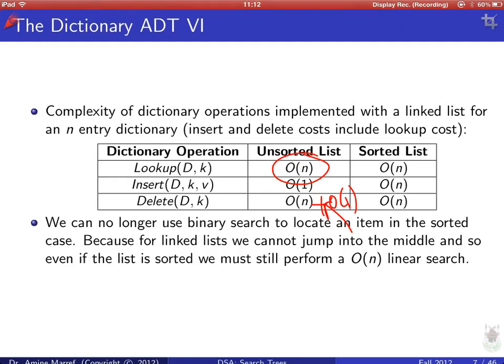So, between sorted array and unsorted array, which one is better for implementing a dictionary, in your opinion? Okay, so who says sorted, explain why. Who says unsorted, explain why.